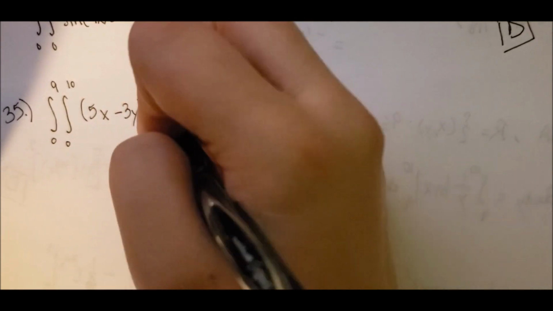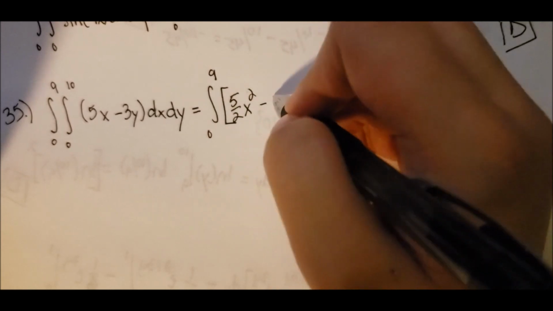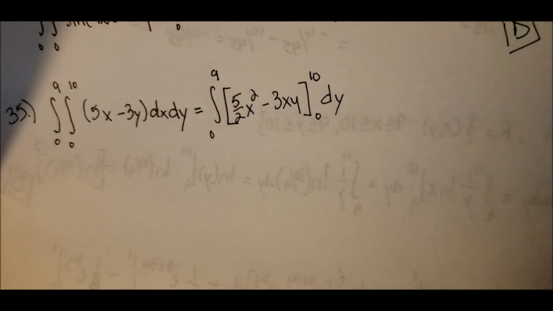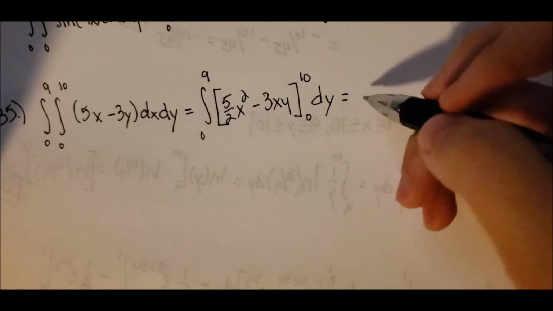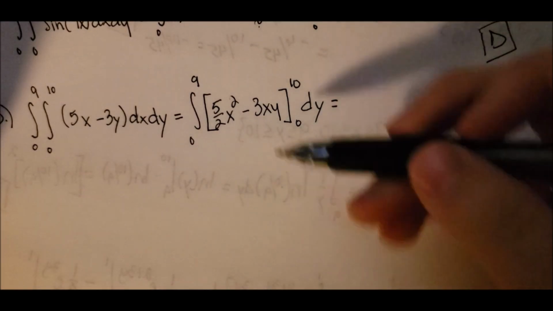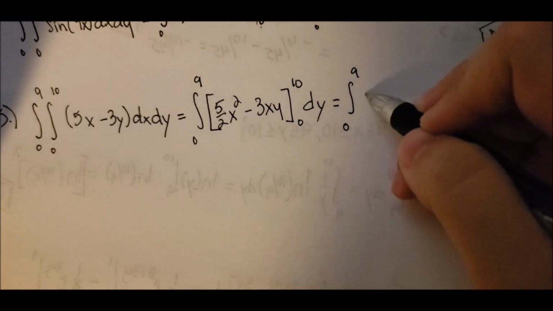And 35 is from 0 to 9, 0 to 10. And that's going to be 100 divided by 2 is 50. 5 times 50 is 250.